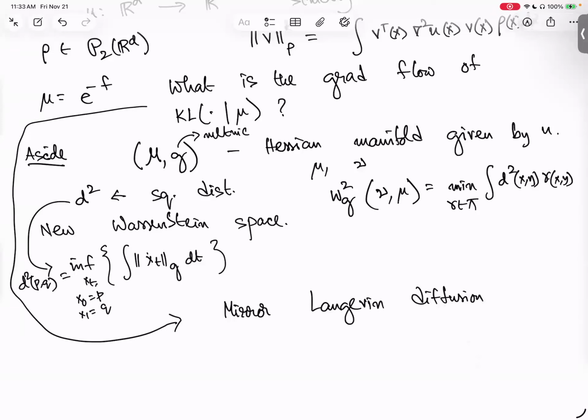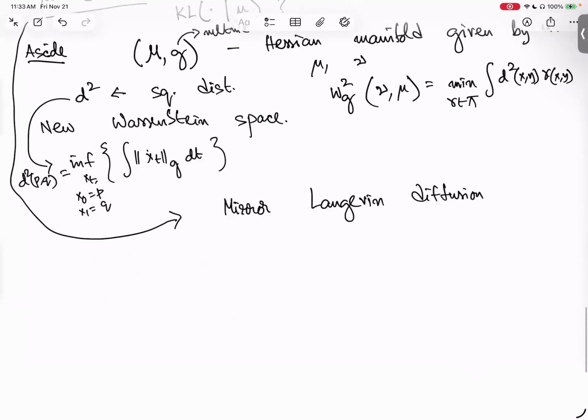So what do I mean by this? That there is a certain SDE that satisfies this. So dx_t, I'm going to write some dt plus something over here, which is dB_t.